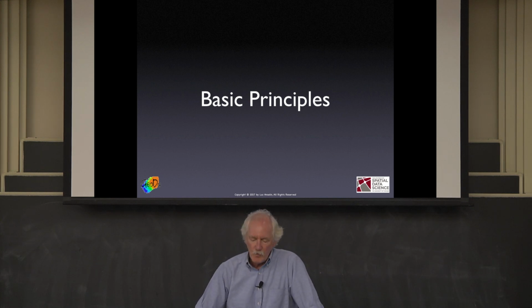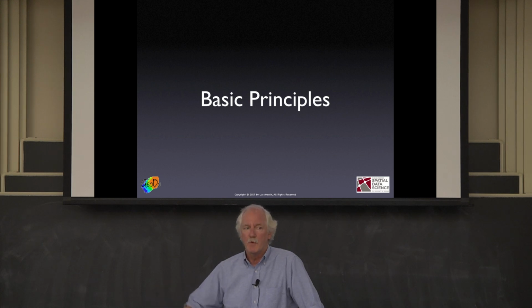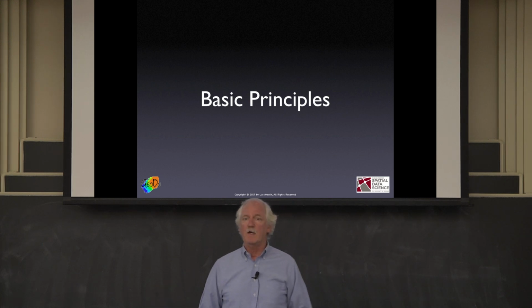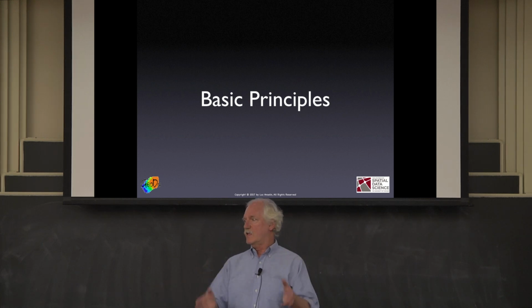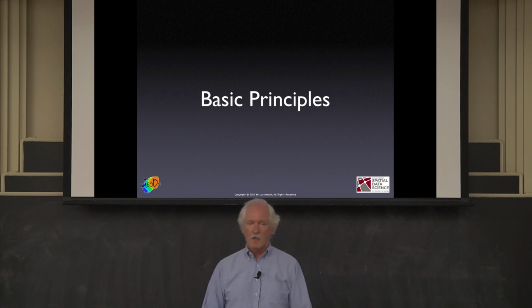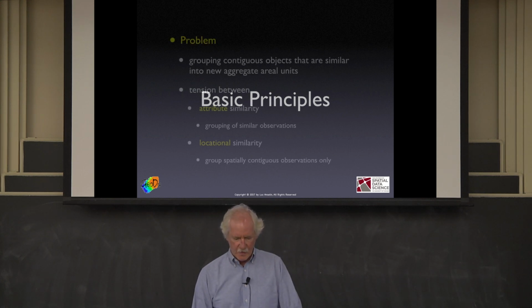So what you have in GeoDa and also in R will be good enough for a couple of hundred observations. Once you get into the thousands, it will either take a very, very long time to converge, or it won't converge at all. It'll just blow up. So this is something to keep in mind. Don't throw 10,000 observations at this. It's not going to work. And I'll try to explain why.